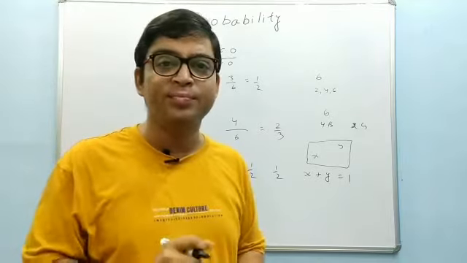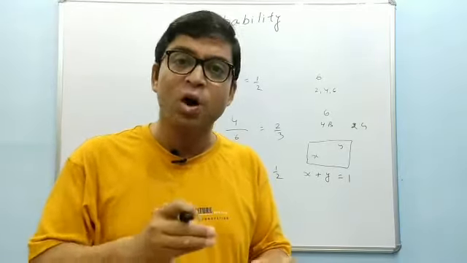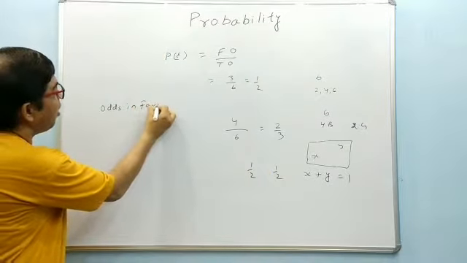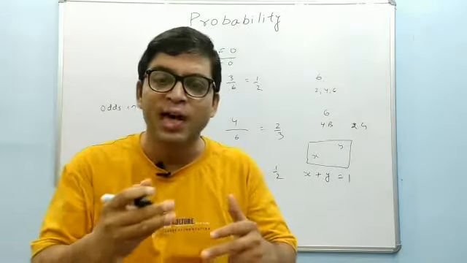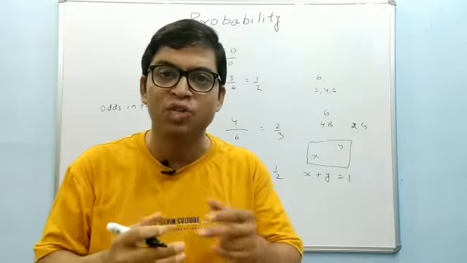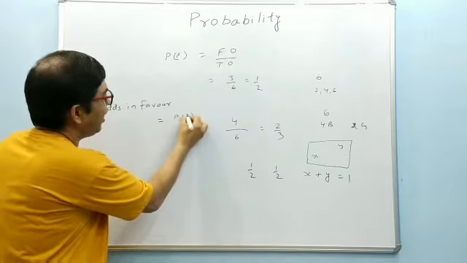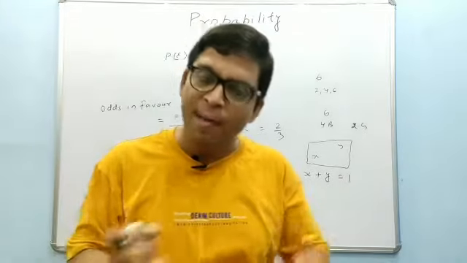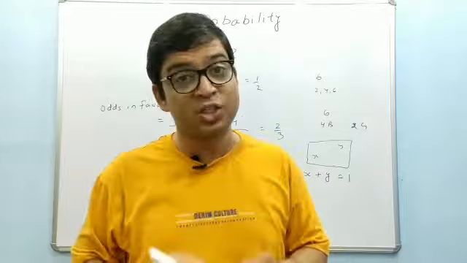Now we will see what are odds in favor and odds against an event. Odds in favor of any event, I just say in local language, chance of winning by chance of losing. That means chance of happening of the event divided by chance of non-happening of the event. Happening and non-happening are mutually exclusive.